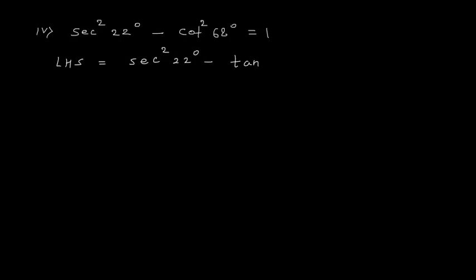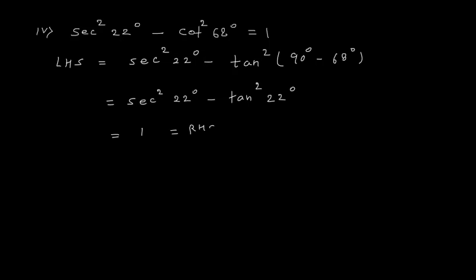So I will write tan square (90 degree minus 68 degree). This will become sec square 22 degree minus tan square 22 degree, which is equal to 1, the right hand side.